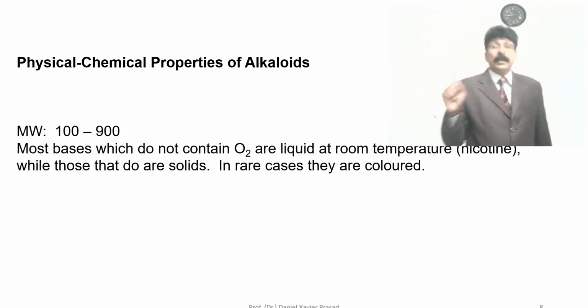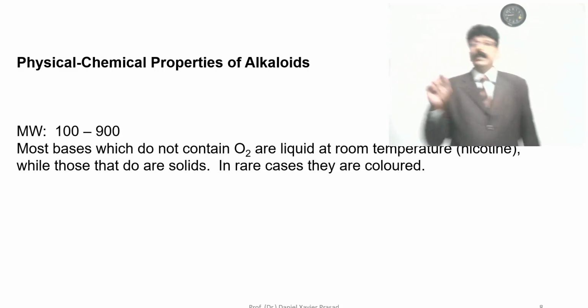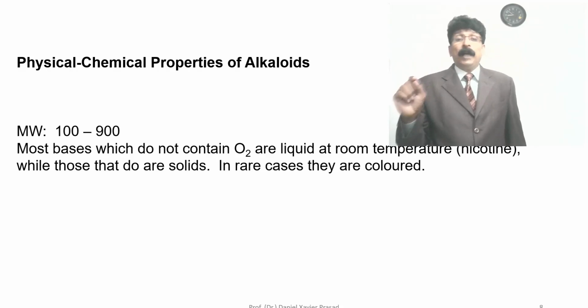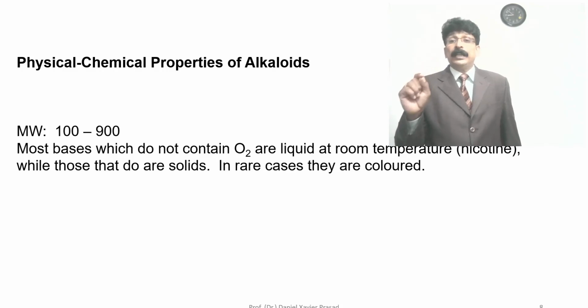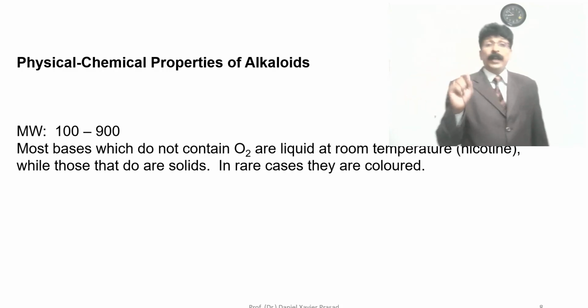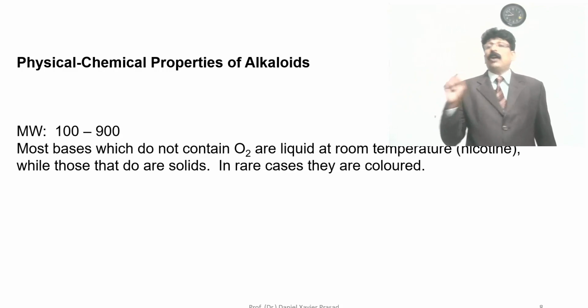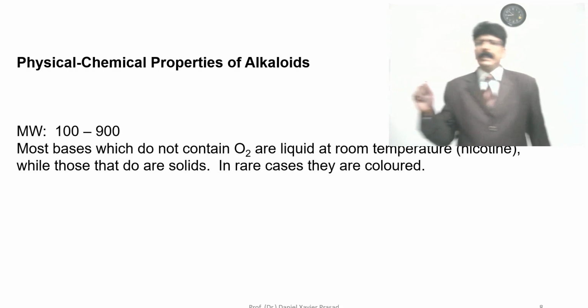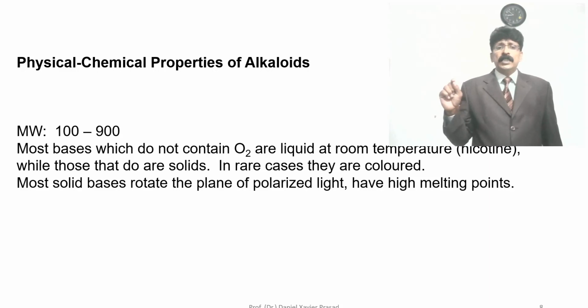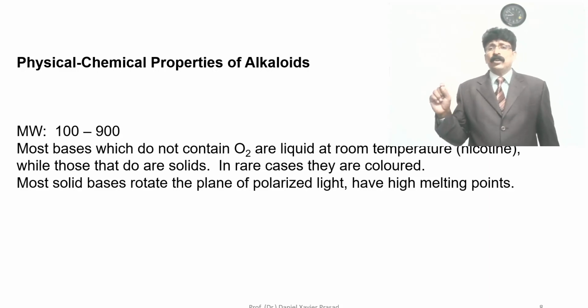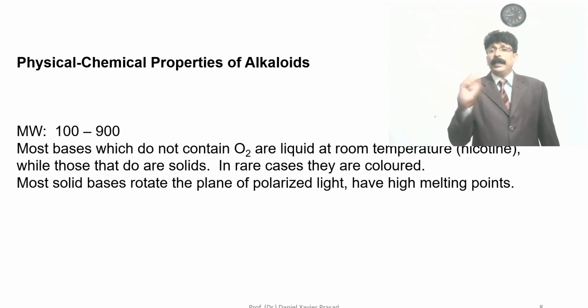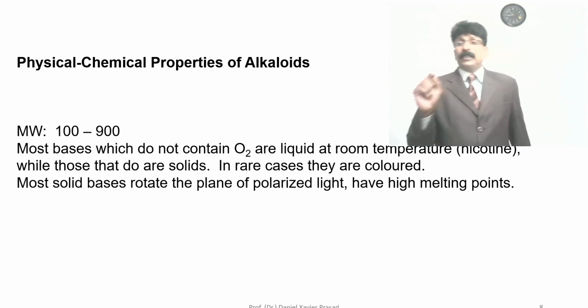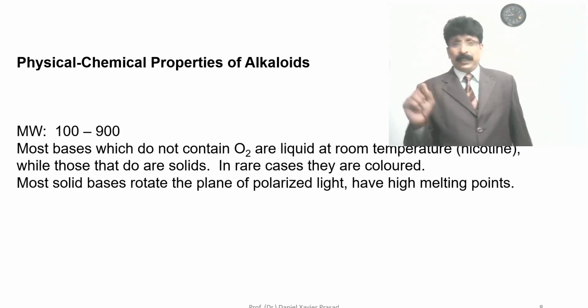That means you should remember that tobacco gives nicotine, and it is a liquid, while all the others are solids. In rare cases they are colored. Most solids rotate plane polarized light. They have D and L rotation because of the presence of a chiral carbon atom.